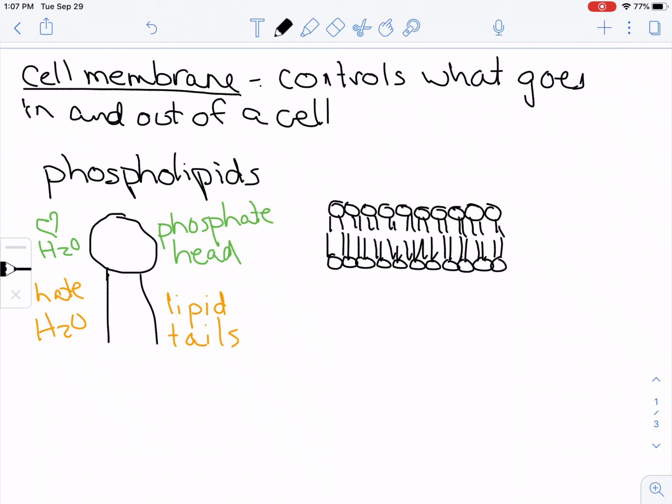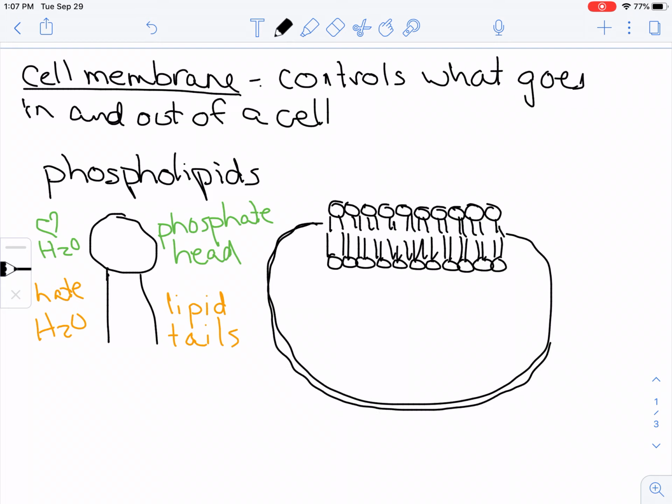Okay, so now you can imagine, I'm not going to draw the whole thing. Now imagine you have a situation where that is our cell, right? So I just drew a little bit. Imagine this whole line that's going around is made up of all little phospholipids like that, okay?